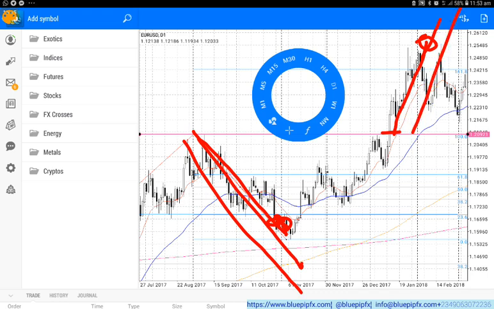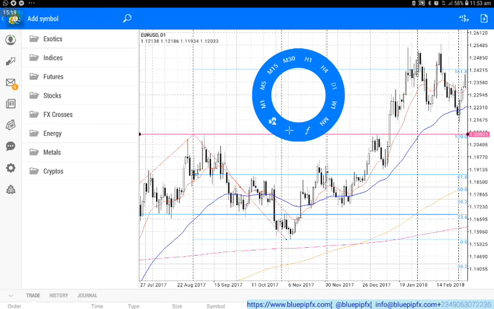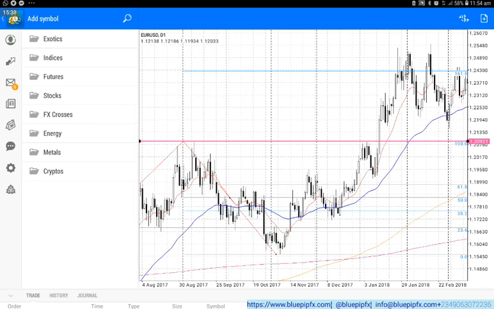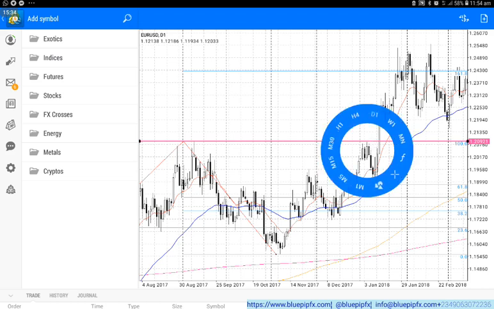Okay, so how do we trade this now? What I'm trying to trade is this. If I want to trade the extension, there are two ways to trade it. You can trade the retracement, which is you wait for the retracement to complete. When the retracement completes and it's going back up, then you can trade from this point to 0, which is one way to trade retracement.